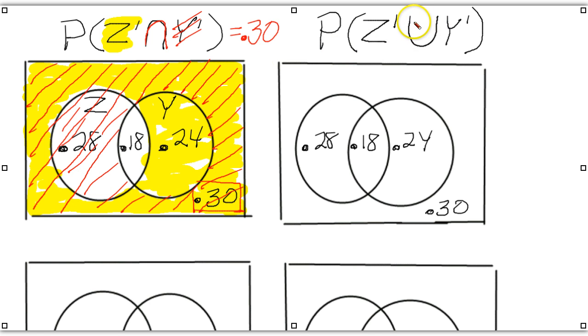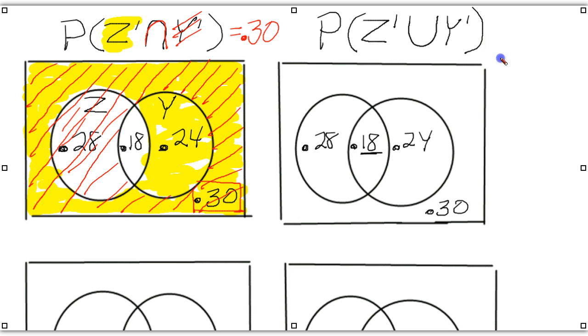But now, since we want union, we're looking for anything that is colored. And we can actually use this diagram, but what is not colored here? Well, what is not colored is the 0.18. Everything else is colored. So how could we figure this?